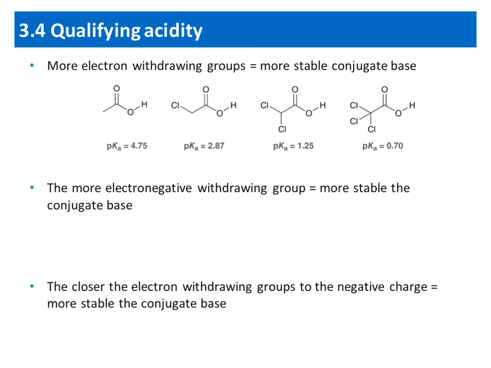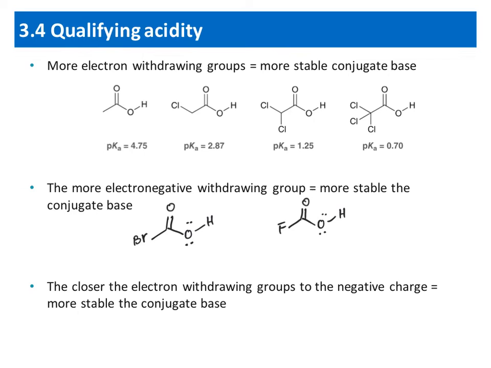So as you add more electronegative atoms to the molecule, the conjugate base would be more stable. Another factor is that the more electronegative that group is, the more stable the conjugate base would be. So what does that mean? If you look at these two molecules and compare them together, in this one we have fluorine attached to the molecule, and in the other one we have bromine attached to it.